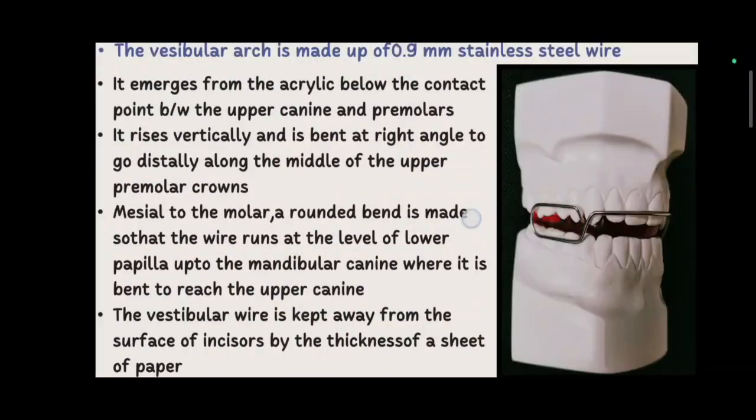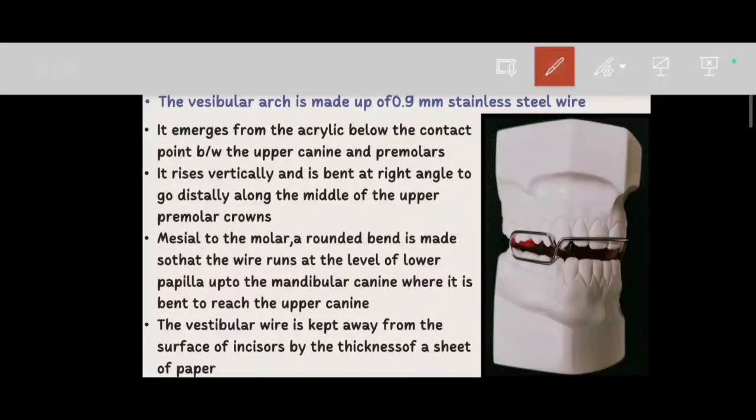Now the vestibular arch is made up of 0.9 mm stainless steel wire. It emerges from the acrylic below the contact point between the upper canine and the premolar. Then it rises vertically and bends at a right angle to go distally along the midline of the upper premolar crowns.